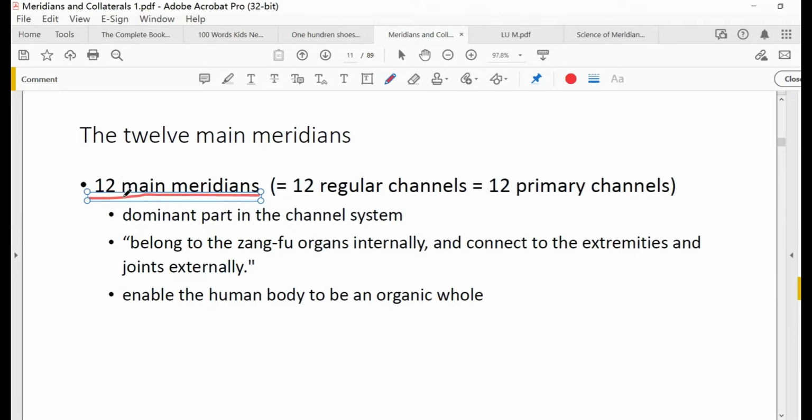These 12 main meridians are the most important, dominant part in the channel system, the meridian system.